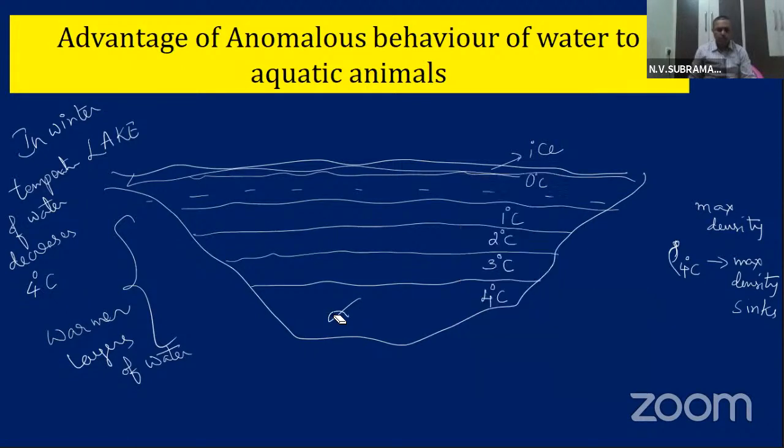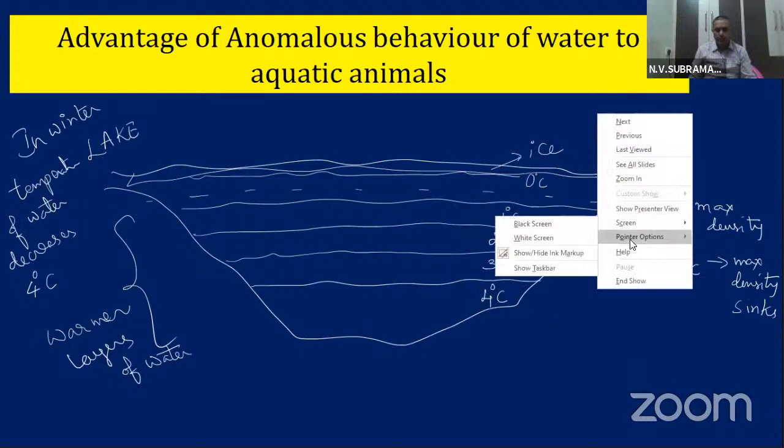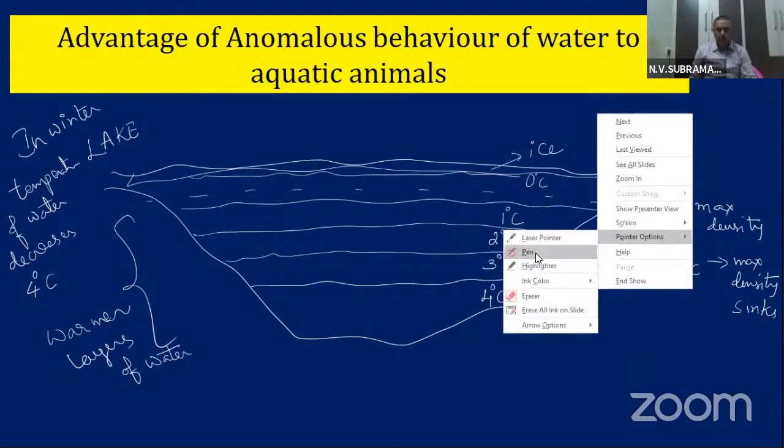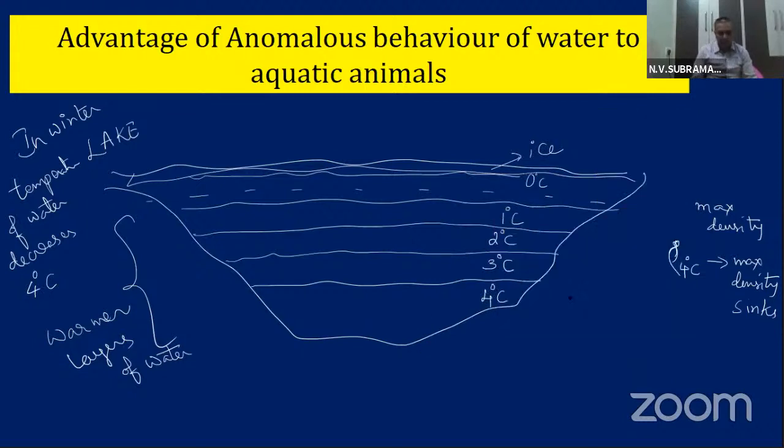So, if you see carefully, because of the anomalous behavior, at the bottommost, these are the fish, children. Okay, and the fish will stay in which layer? The warmer layers. They prefer to stay in the warmer layers.